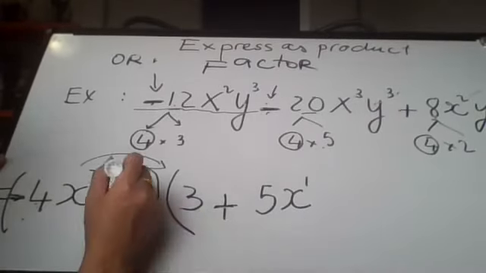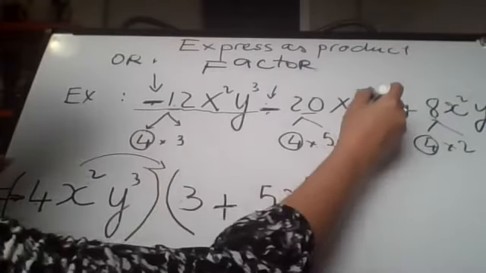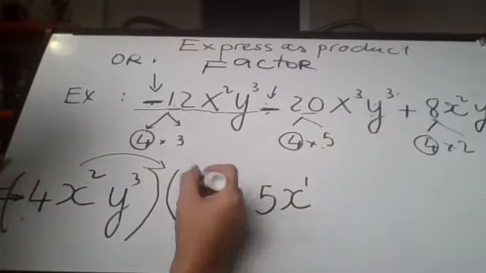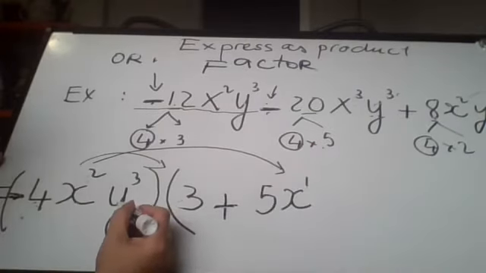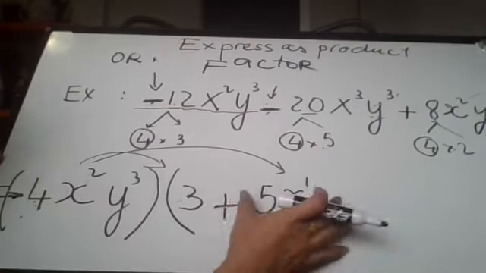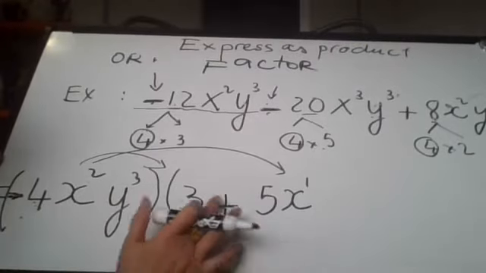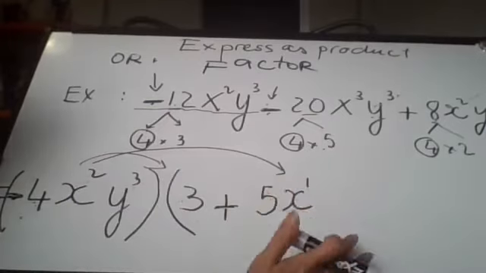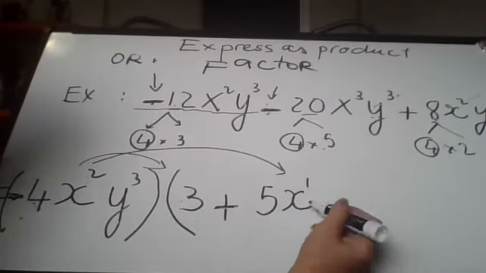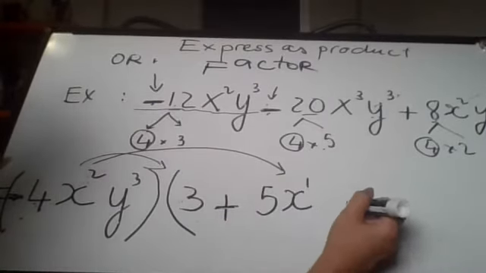What about the y? I have y to the power 3 in here already. When I distribute, I get y to the power 3 because I have to put them together, right? 4 times 5 is 20, x squared times x is x cubed, and y cubed I have to attach to it. So the second term doesn't have a y in here.